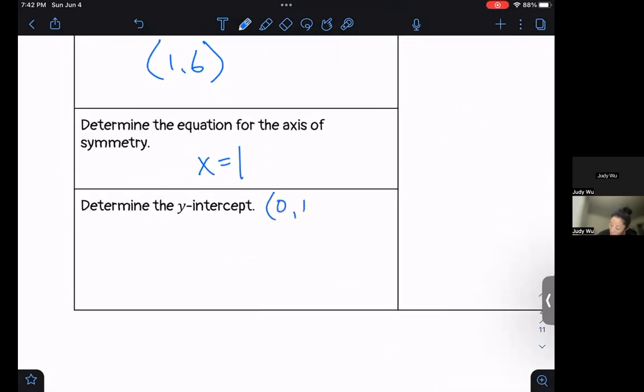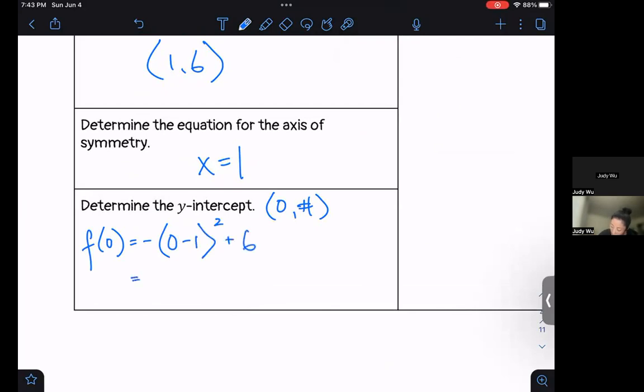That is nothing more than plugging 0 into the equation. So f of 0 is negative 0 minus 1 squared, and then plus 6.